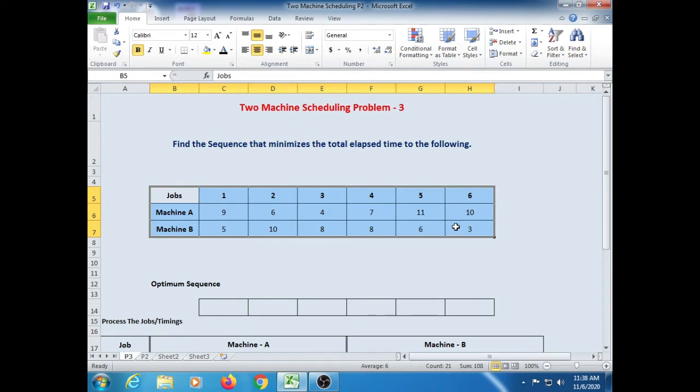So let us find out the optimum sequence. This is the first step.